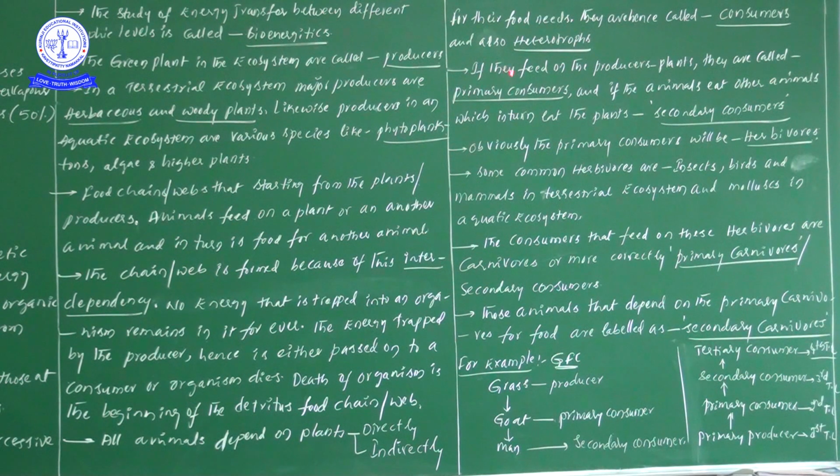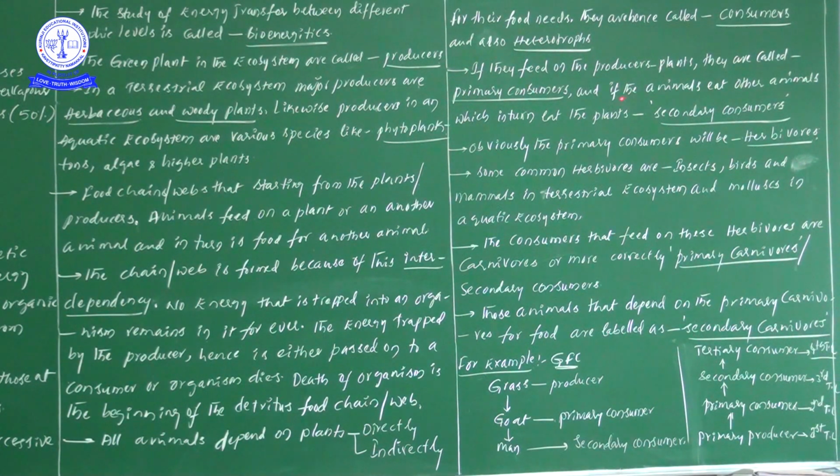Now if they feed on the producers, for example plants, they are known as primary consumers. Primary consumers are the organisms that take their food materials from the producers, and all such organisms we simply call primary consumers.